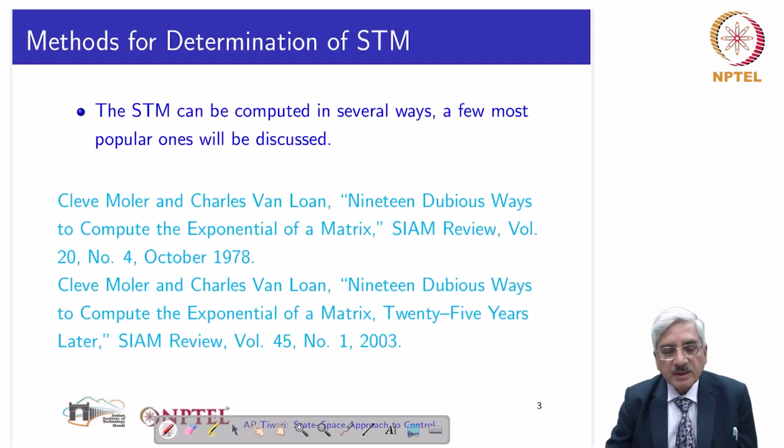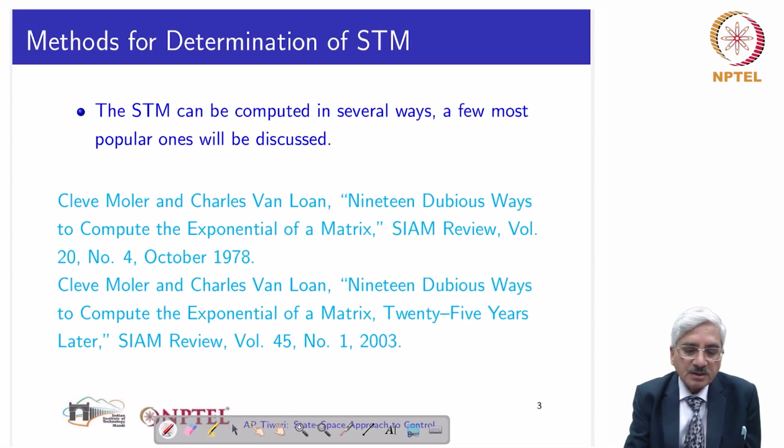So there are several ways, popular to unpopular, computationally intensive to less intensive, suitable for hand calculations and suitable for computer calculations. Multiple methods are available. We will discuss a few popular ones from those.